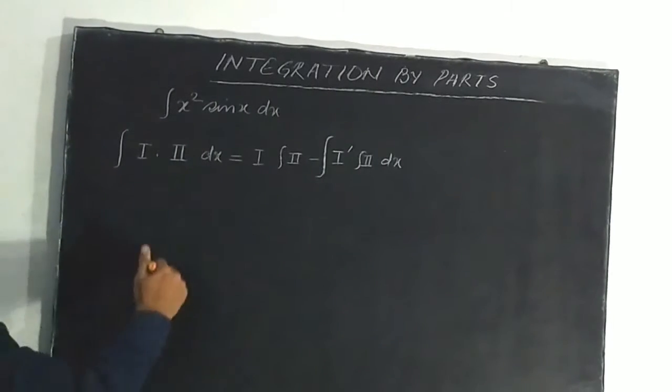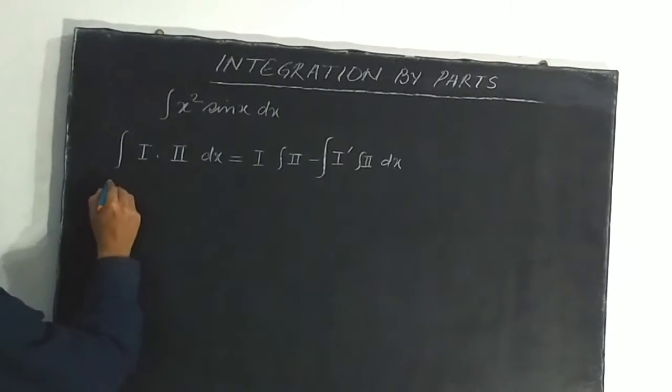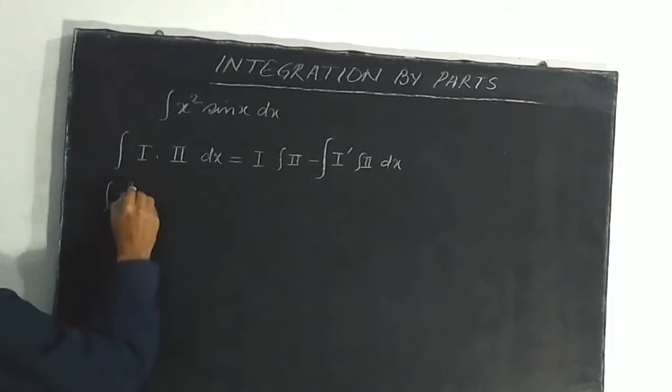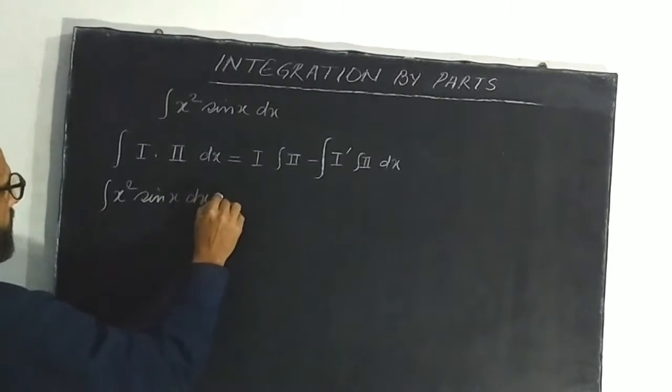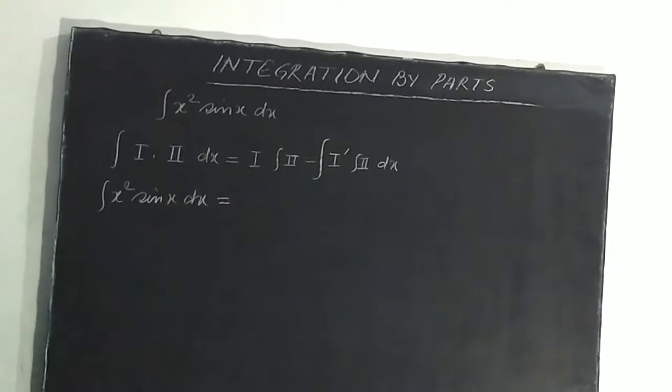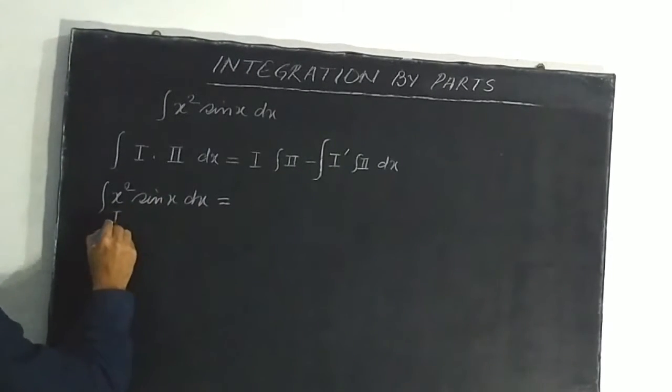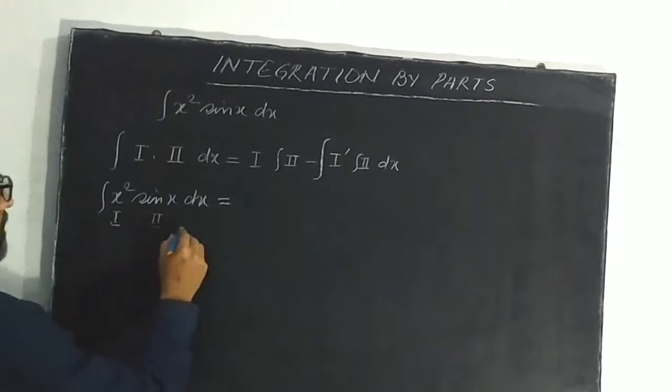So let's perform it. For example, this is the function x square sin x dx. So this is the first function and this is the second function.